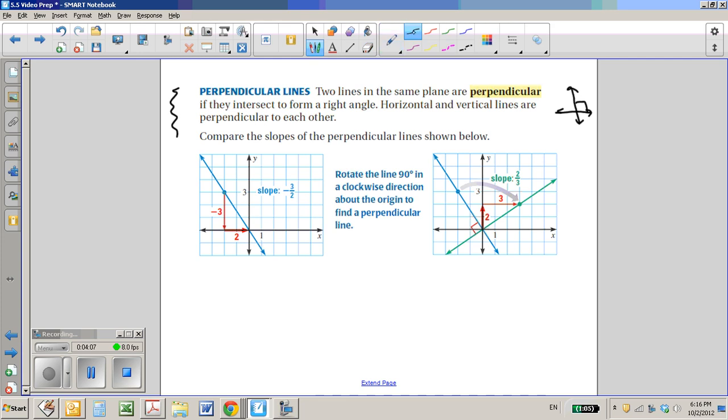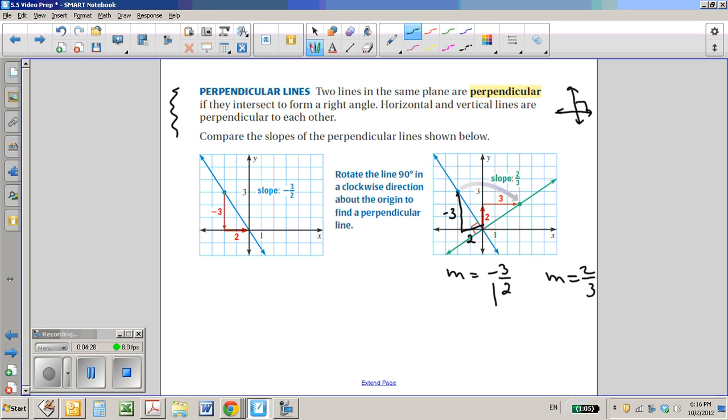Okay, so you had the slope here of this line, right? Remember, it was -3 over 2. And now the slope is positive 2 over 3. So now notice there's a couple of things.